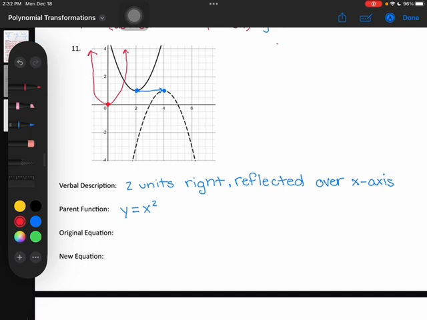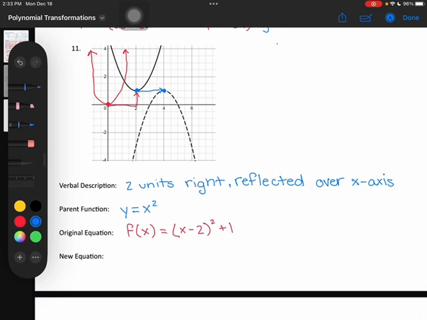So if I'm moving this point from here to here, I see that I moved it to the right, and I also moved it up. So I moved it to the right 2 units, so that means inside it's going to be x minus 2, and then squared. Then I moved it up 1, so plus 1.